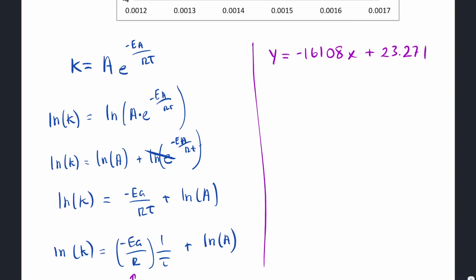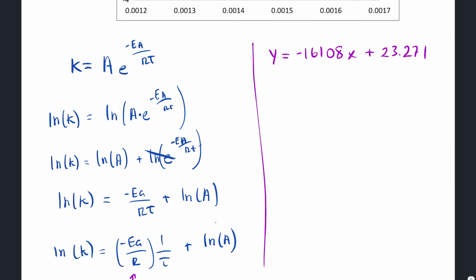Based off the equation we wrote, the natural log of A, where A is our frequency factor, we can essentially equate to the 23.271 to determine what our frequency factor is.